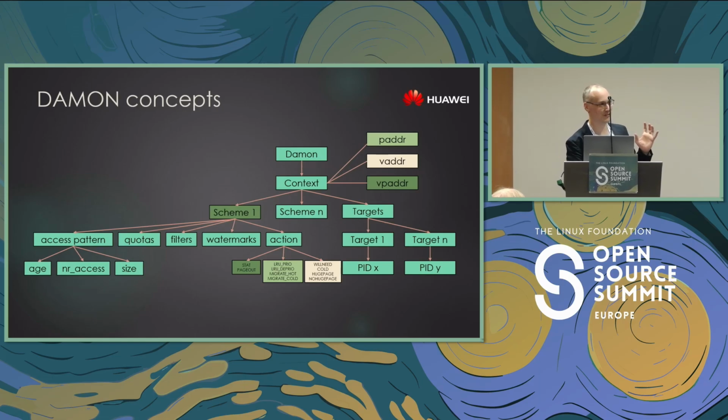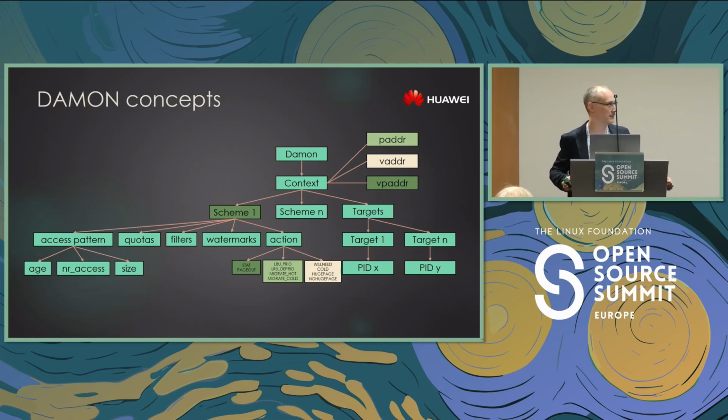Basically, what I tried is to condense what you see in sysfs when trying to figure out and use Damon. So you have the one context. It can be set to physical address, virtual address, or VPADDR, which is just a range of virtual addresses, so it's not the entire virtual address space for that process.